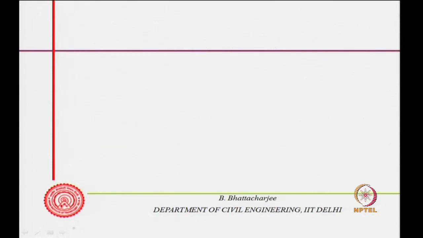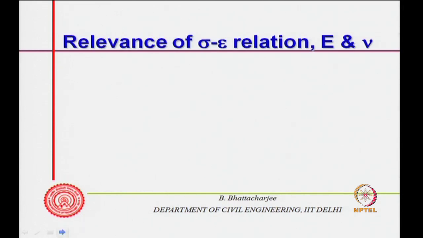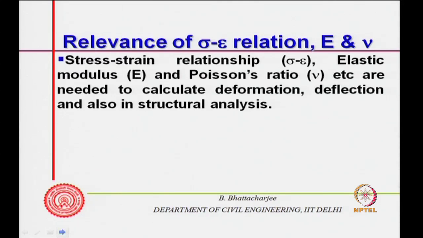So, let us look at the relevance of stress strain relationship, elastic modulus and Poisson's ratio. Sigma is how we denote stress, and epsilon strain. Elastic modulus and Poisson's ratio are needed to calculate deformation and deflection, and are also necessary to determine forces in indeterminate structures.